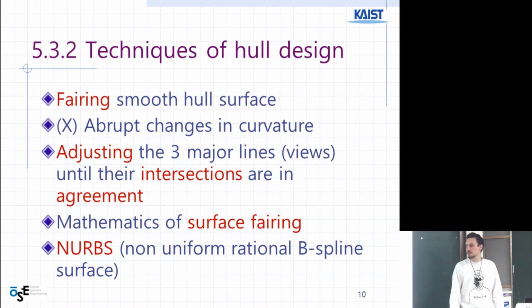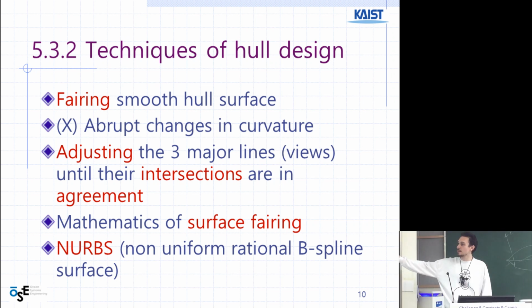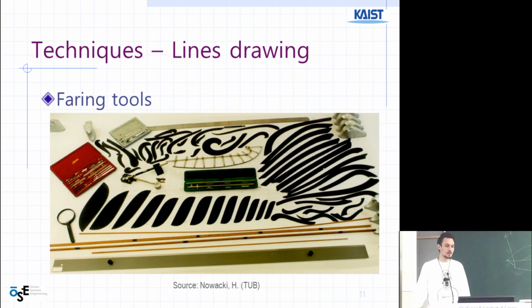And for this we have some mechanical tools to draw the perfect lines. One of the tools is NURBS, which is the non-uniform rational B-spline surface. Those are some tools to draw a smooth line. I guess it's from the old days. Now everything is by computer. But you can see some tools that help us draw smooth lines.